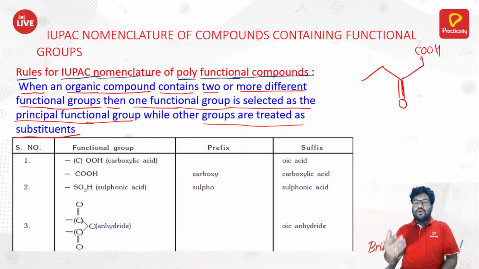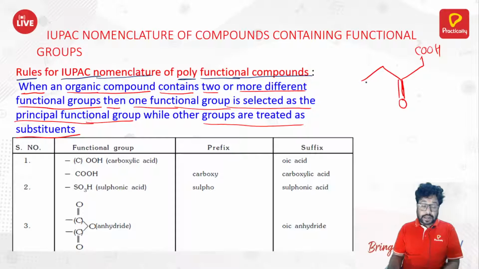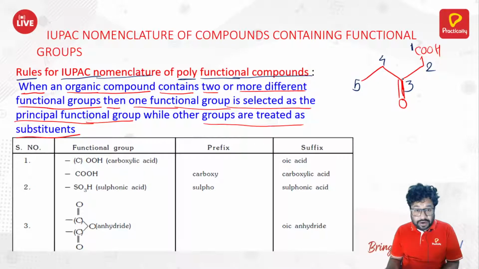Now in IUPAC nomenclature, whenever you have a ketone as a substituent, it is called an oxo group. So how do you count? 1, 2, 3, 4, and 5. This third carbon you are already considering, that carbon is already in the consideration. But this doubly bonded oxygen is not.